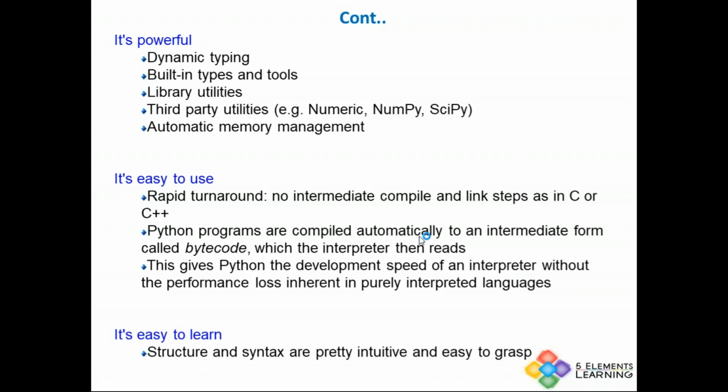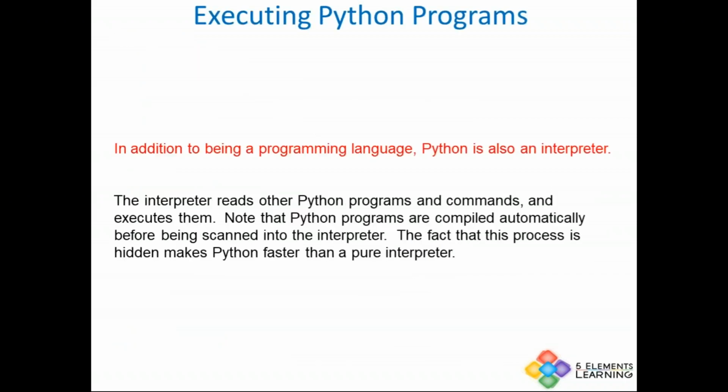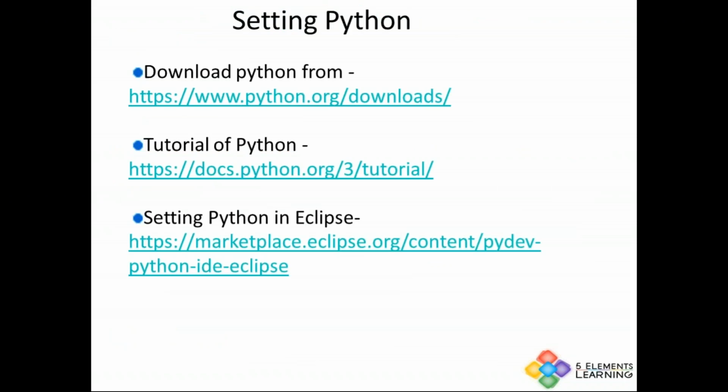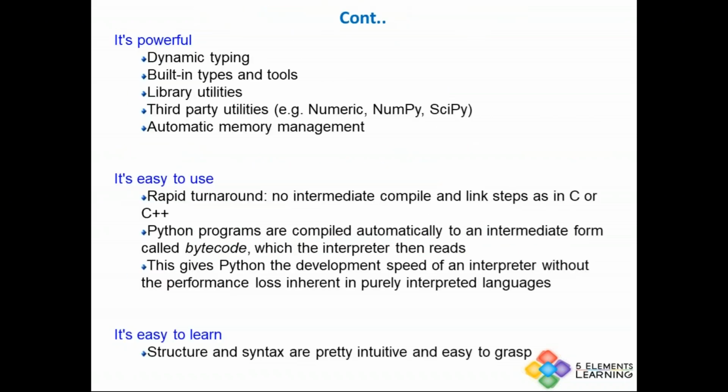It is easy to use and it is pretty easy to learn Python. The syntax of Python is an English-like syntax. Unlike other programming languages, the Python language syntax is English-like.